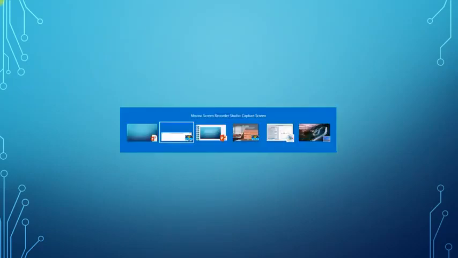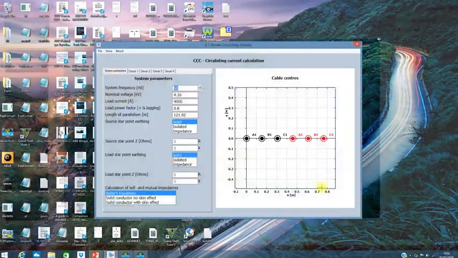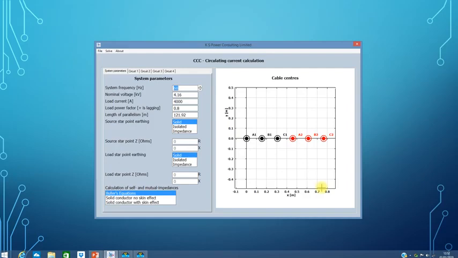So let's look now at some calculations. This is a small program which I have written, which allows us to examine the characteristics of parallel cables.